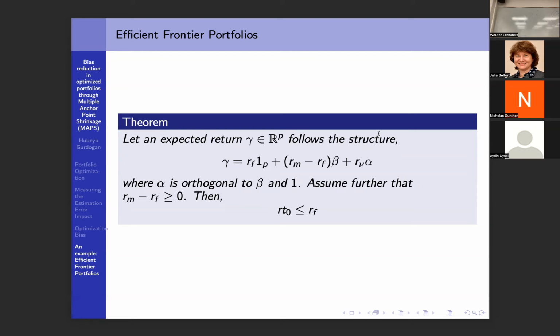And we assume further that the market return is positive. In that case, that RT0, which is associated with the happy return target, has to be less than RF, the risk-free return. That is telling us that we don't have a really practical happy moment in this case.